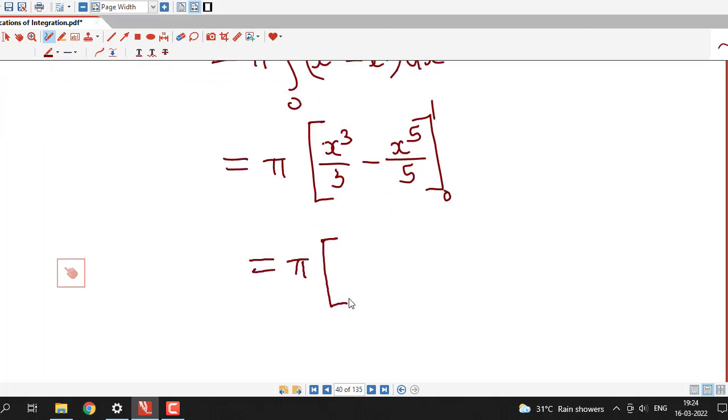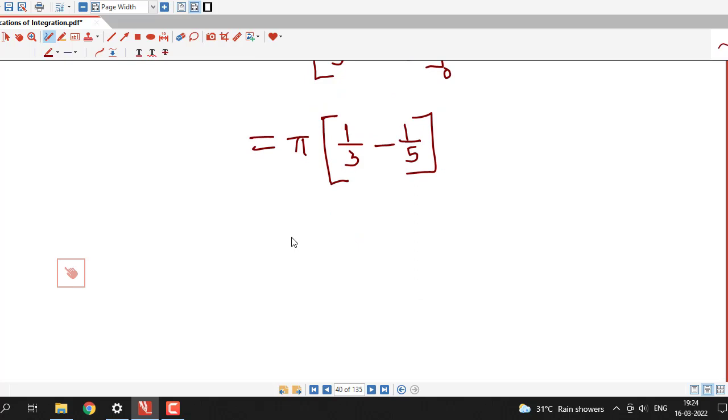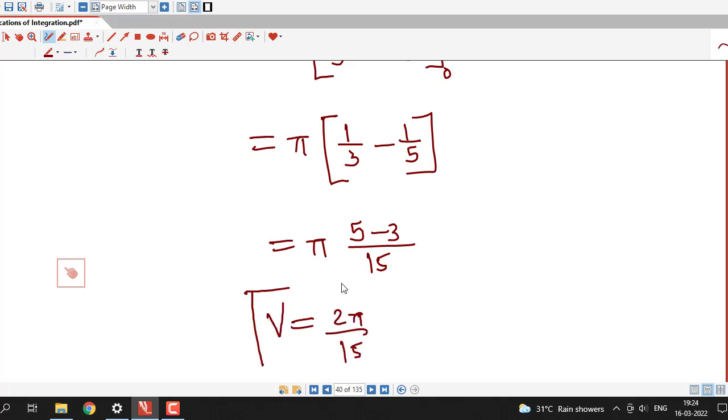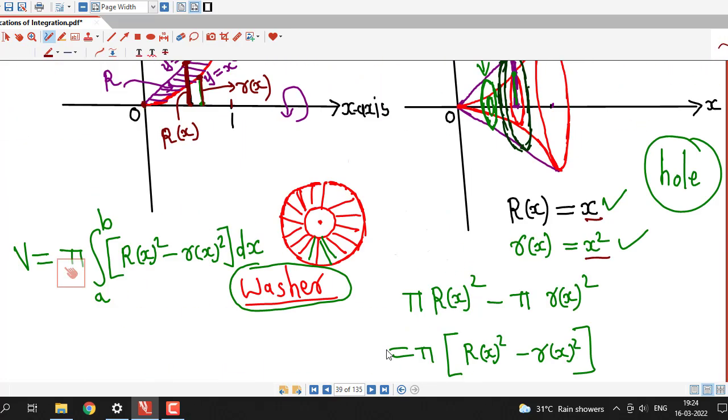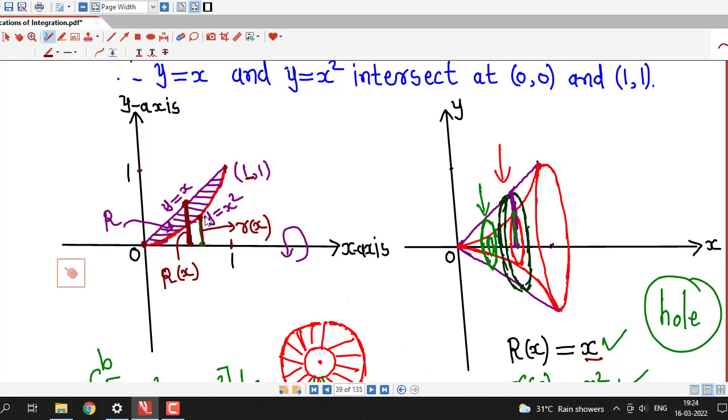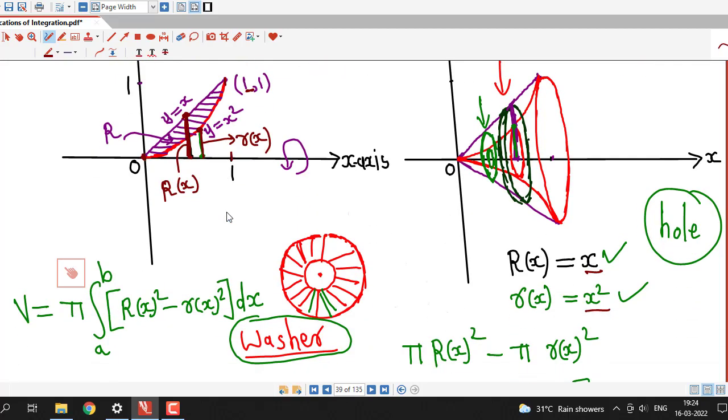So for x equal to 1 we have 1 by 3 minus 1 by 5. For the lower limit it is 0. So it is 5 minus 3 divided by the LCM 15, and we have 2 pi divided by 15. So therefore the volume of the solid generated by rotating the plane region between two curves is 2 pi divided by 15.